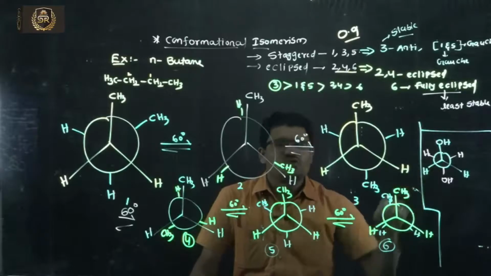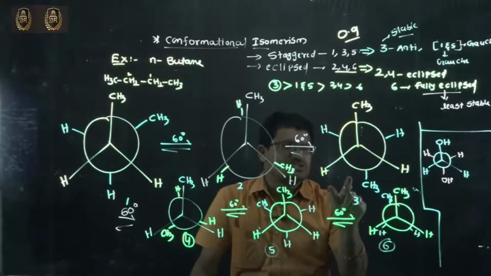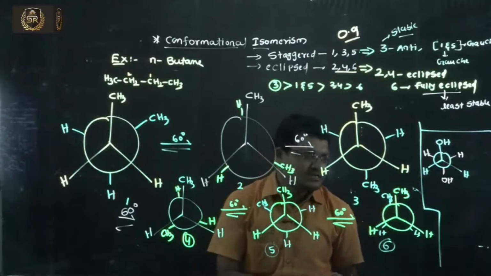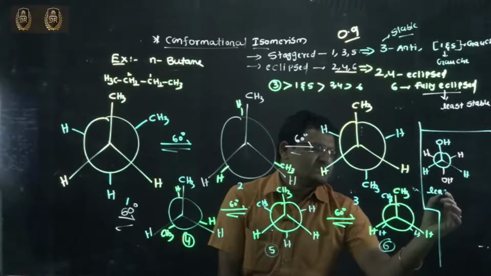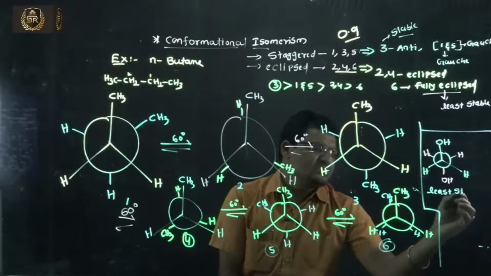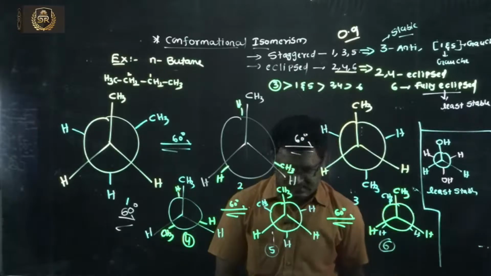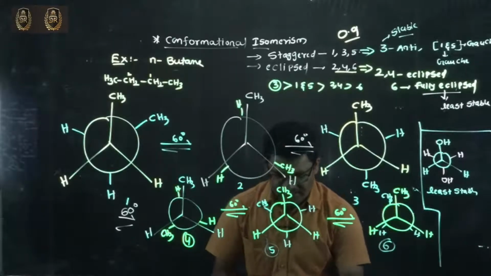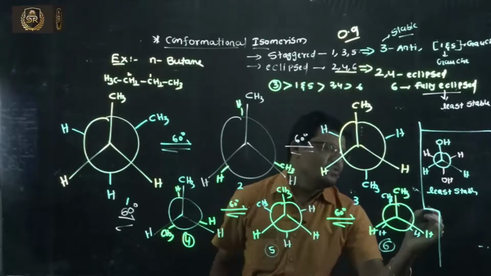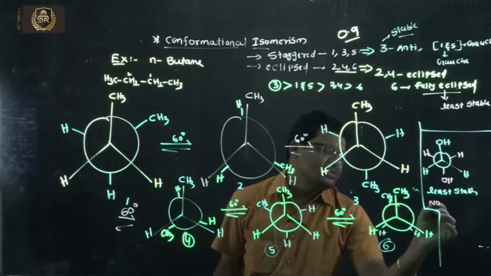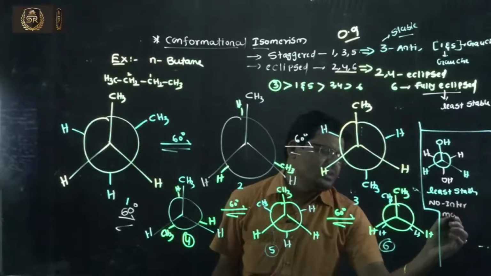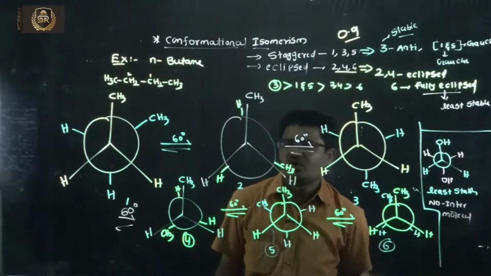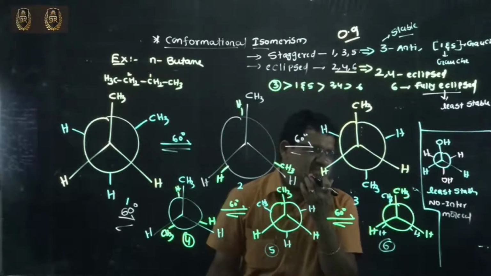In case the 2 OH are up, this is more stable, but here the structure is least stable, which means no intramolecular hydrogen bonding is there. That is why that is least stable.